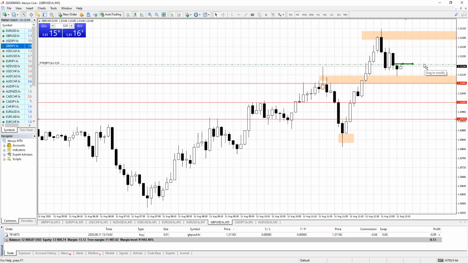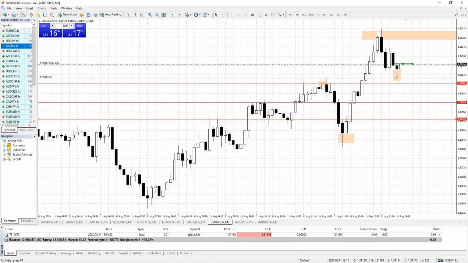Now I have to ask myself, where do I want to get out of this trade? I can either place my stop loss here. This is a new pivot. We have the pivots, right?